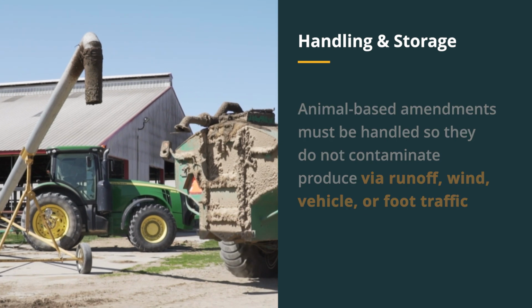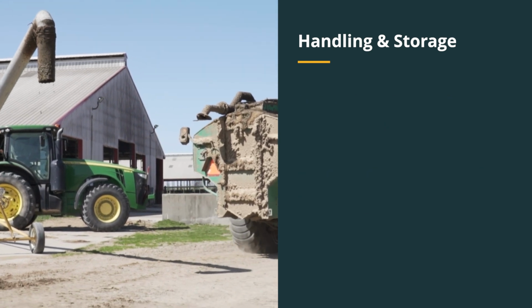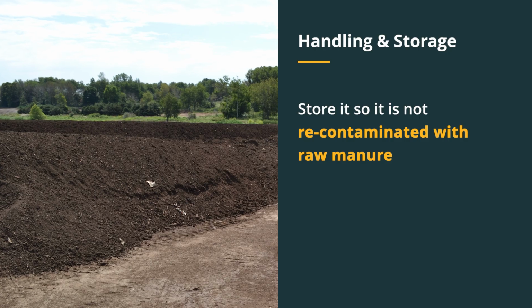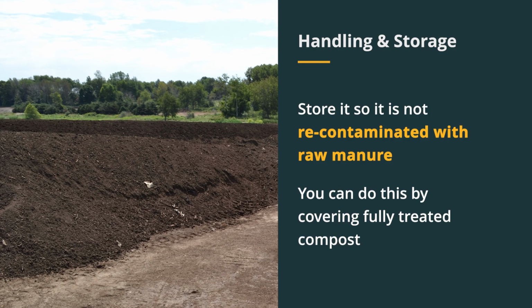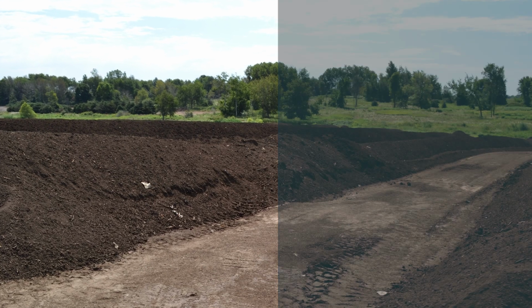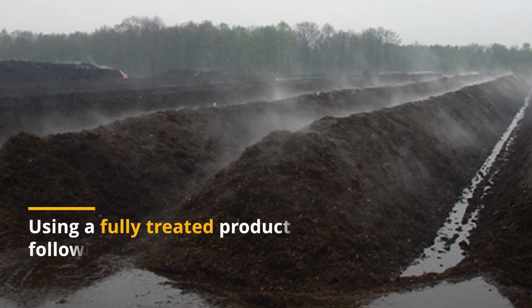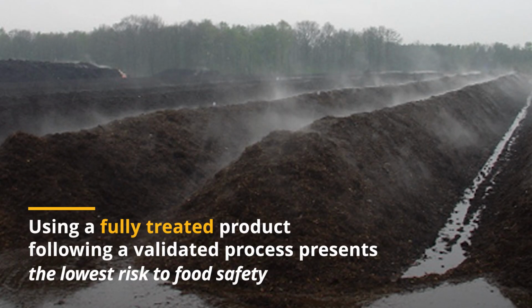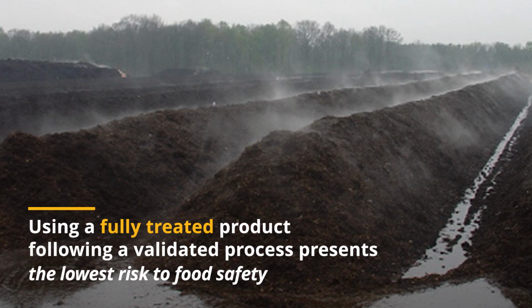Once manure has been fully composted and is treated, make sure to store it so it is not recontaminated with raw manure. You could do this by covering fully treated compost. Remember, using a fully treated product that you have purchased or you have made following a validated process presents the lowest risk to food safety.